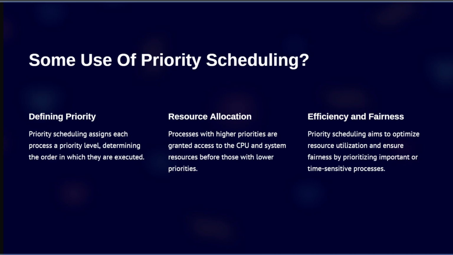Efficiency and fairness: finally, this scheduling aims to optimize resource utilization and maintain fairness by prioritizing important or time-sensitive processes. This ensures smooth and efficient operations in the system.